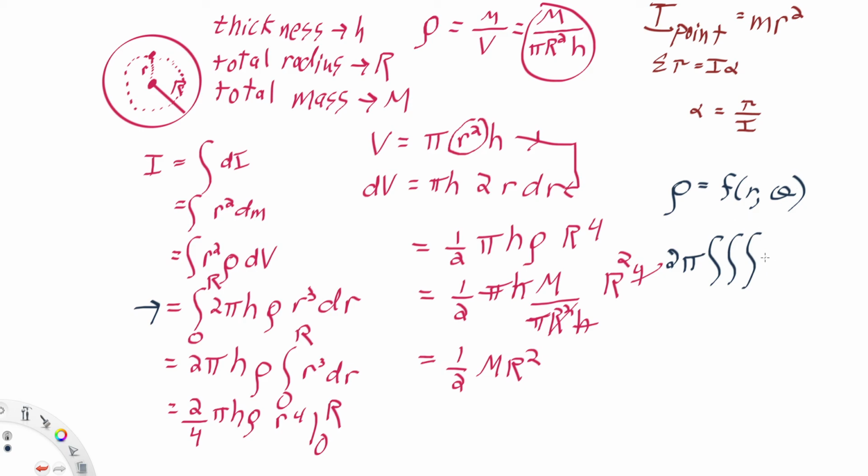But then we have something like rho of r, theta, r cubed dr d theta dh. And then we have to do these integrals separately, and it becomes a little bit more of a pain, but not that much more.